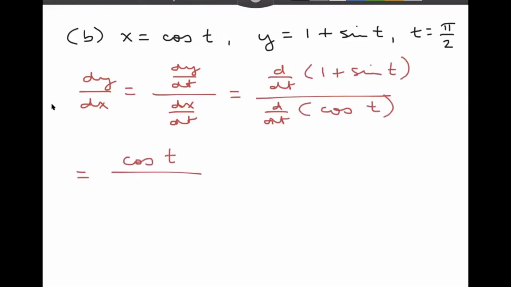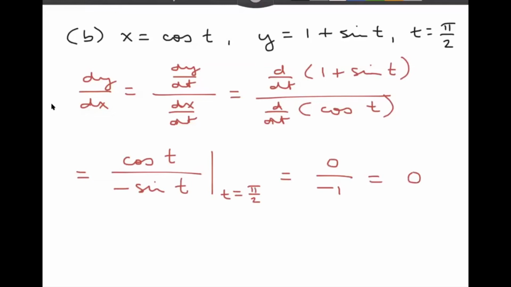The derivative of cosine t is negative sine t. We plug in t equals pi over 2, and we get 0, I believe. 0 over negative 1 is 0. So that means the tangent at this point is horizontal.